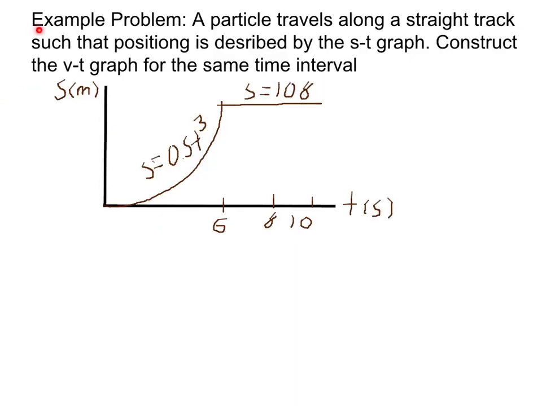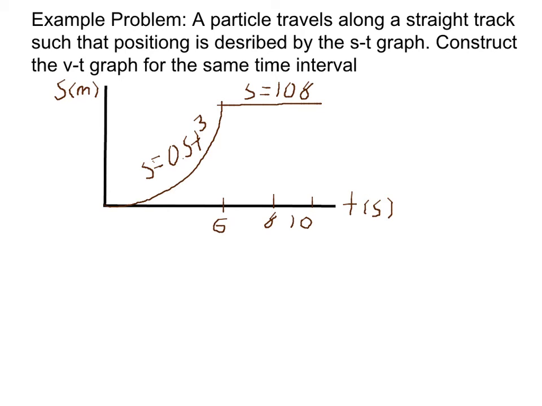So now here's an example problem. A particle travels along a straight track such that position is described by the s-t graph. Construct the v-t graph for the same time interval. So here's our graph. We have meters on this axis and time on this axis. It's described right here as s equals 0.5 t to the third, so the position is a function of time, and then s equals 108.